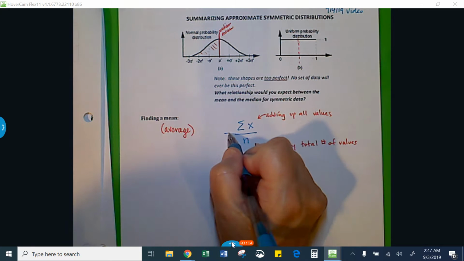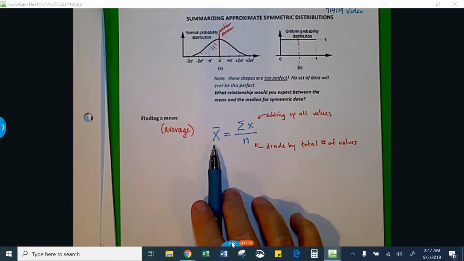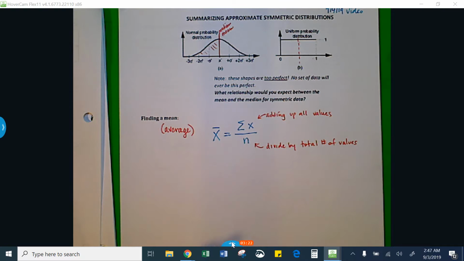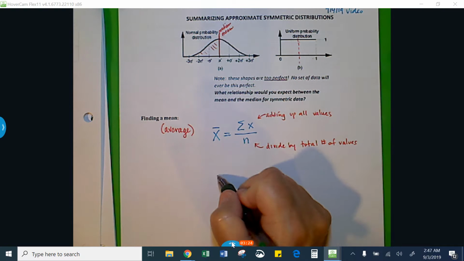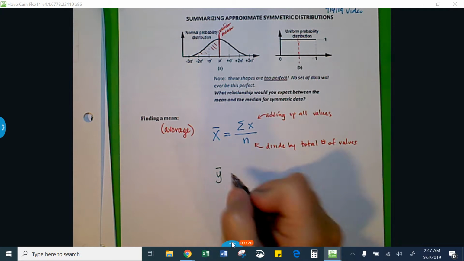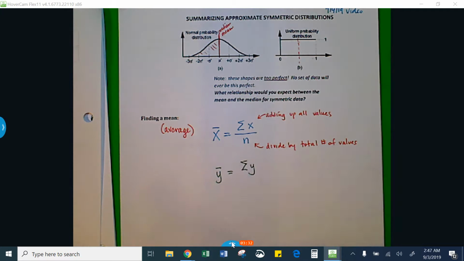The symbol we're going to use for this is x bar. Your calculator uses x bar, where the variable is x. Your textbook, however, likes to use y bar, so they use the primary variable as y, which is fine. It's the same setup. It's the sum of all the y values divided by n.